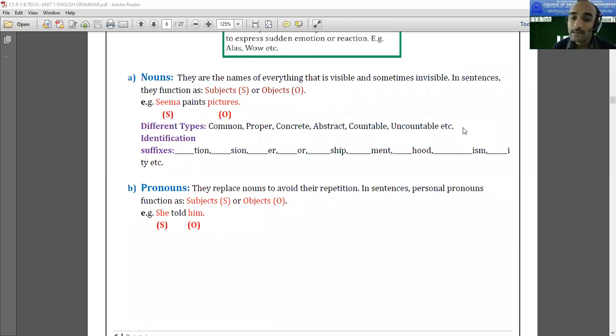To identify the nouns we have to use one trick.